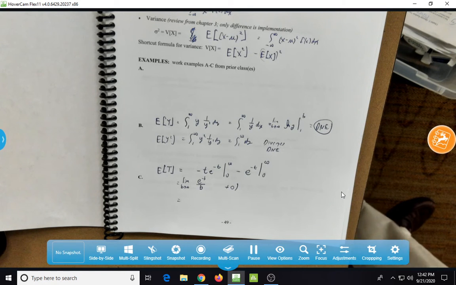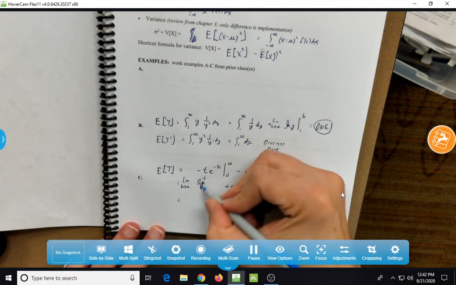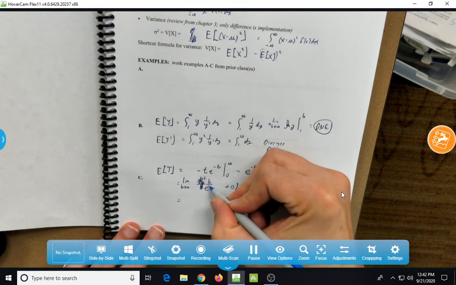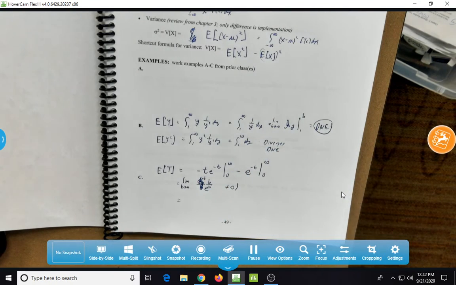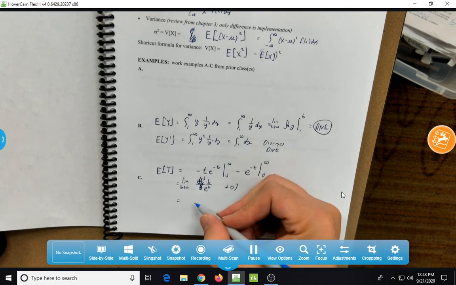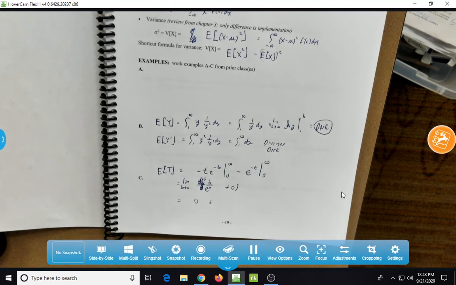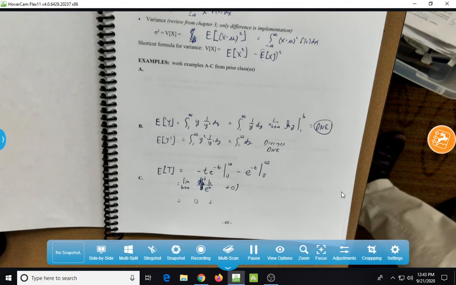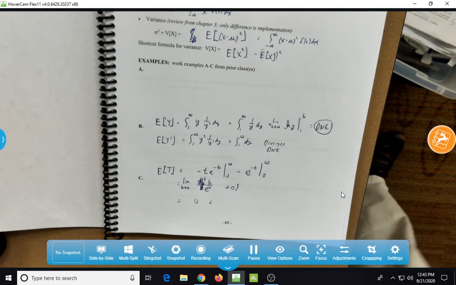Actually, I put this in the wrong order. I should have b in the numerator and e to the b in the denominator. This will go to what then? Exponential growth always wins out over linear growth in the long run. Of course, as John Maynard Keynes said, in the long run we'll all be dead. But so by L'Hopital's rule, this does go to 0.